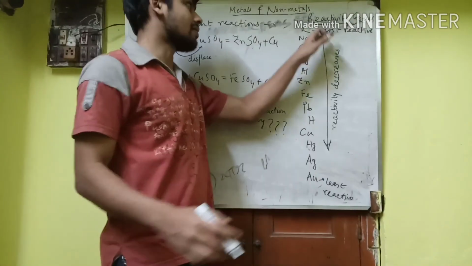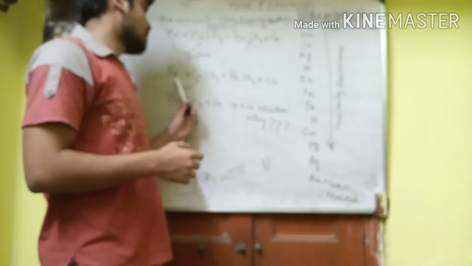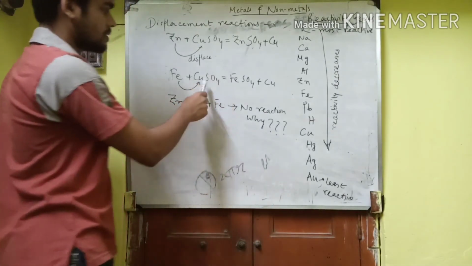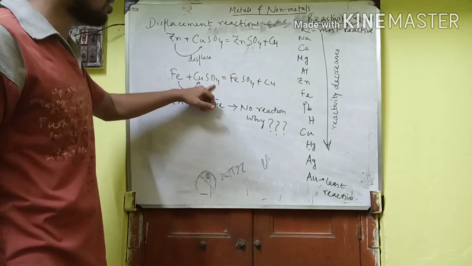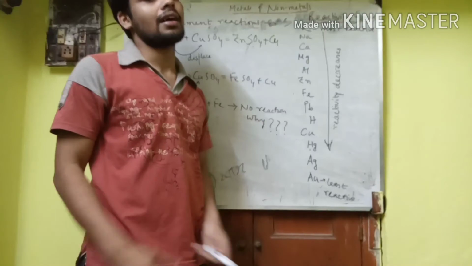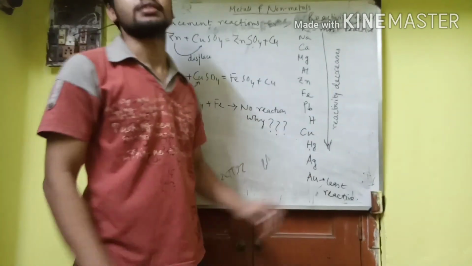So according to the series, the rule is that a metal can displace another metal from its compound if it lies above that metal in this series.